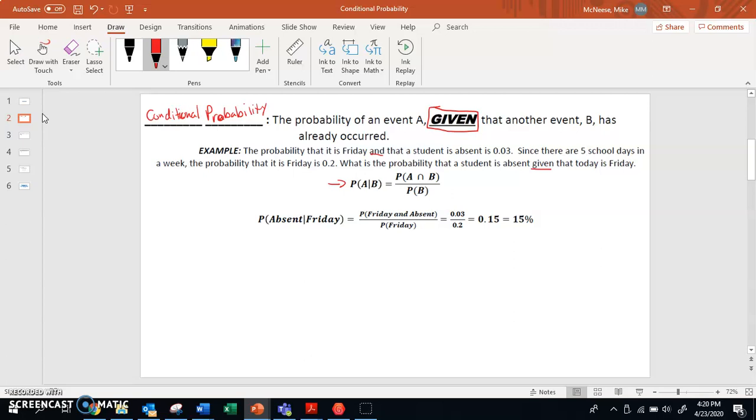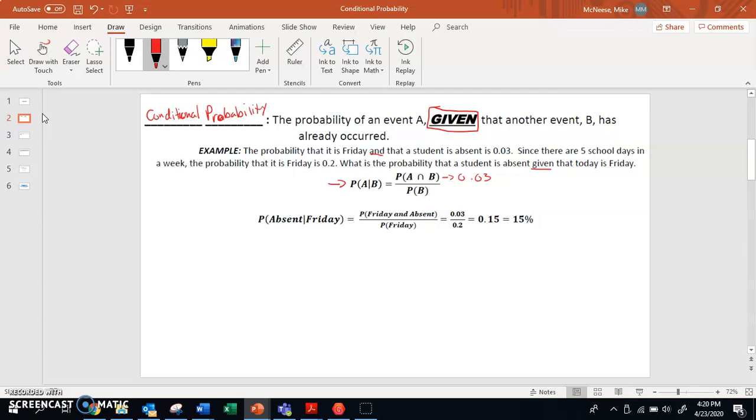So we've got a couple things here and we've got a couple keywords. Probability that it is Friday and that a student is absent is 0.03. Since this is and, we know that this is going to be our intersect. So probability of A intersect B is 0.03. Since there are 5 school days in a week, the probability that it is Friday is 0.2.